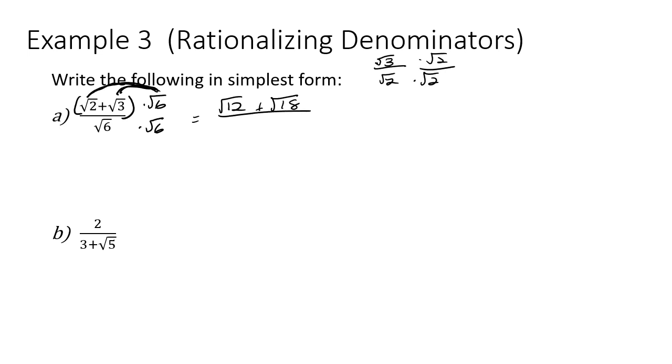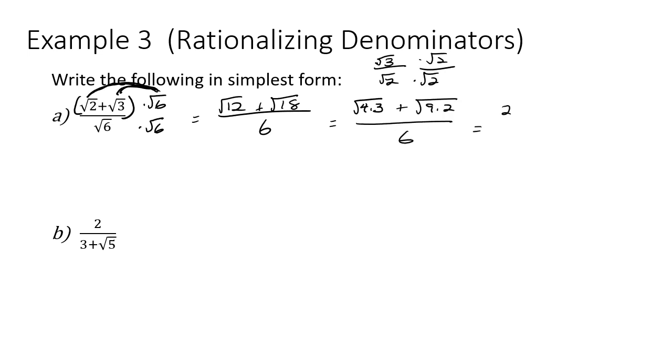Now this is all going to be divided by square root of 6 times itself, which is just 6. But we're not quite done yet, because both of those square roots in the numerator can simplify. And we're looking for simplest form, which means simplified radical form. If we can simplify the square roots, we should simplify the square roots. So square root of 12 is 4 times 3, and 18 is 9 times 2.